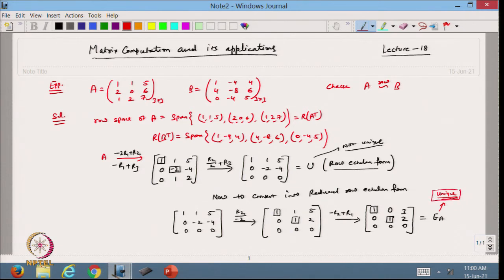So, that is a benefit with this one. Now, I can say from here that the rank of A is coming 2. So, this rank is 2.